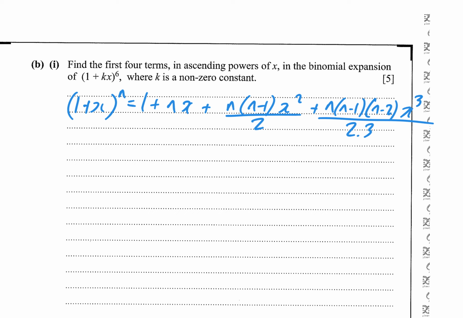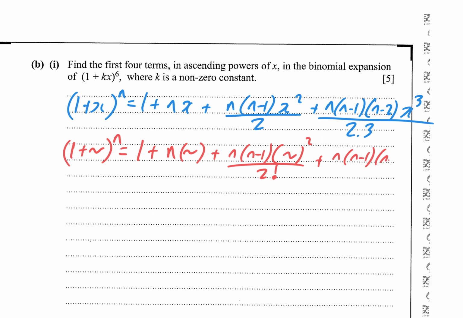But the way I like people to remember this is, if it's in the form 1 plus squiggle to the power of n, it is 1 plus n times the squiggle, plus n times (n minus 1) times the squiggle squared, all divided by 2 factorial, plus n times (n minus 1) times (n minus 2) times the squiggle cubed, all divided by 3 factorial.